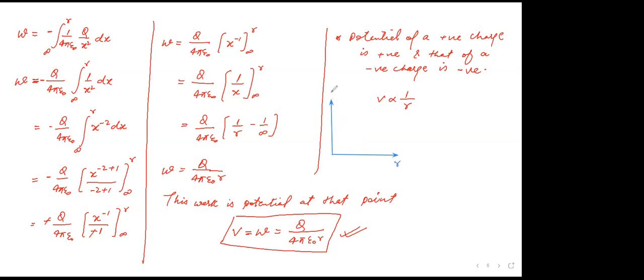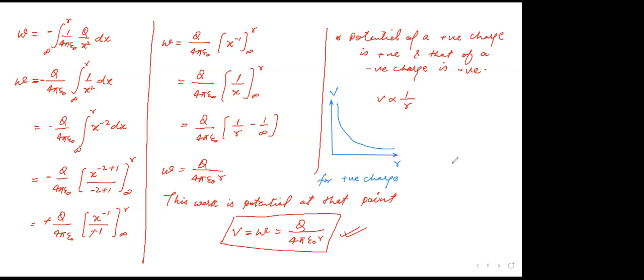This is your R, this is your V, and it is inversely proportional. So the graph will be hyperbolic. This is used for a positive charge, or you can say for positive potential.